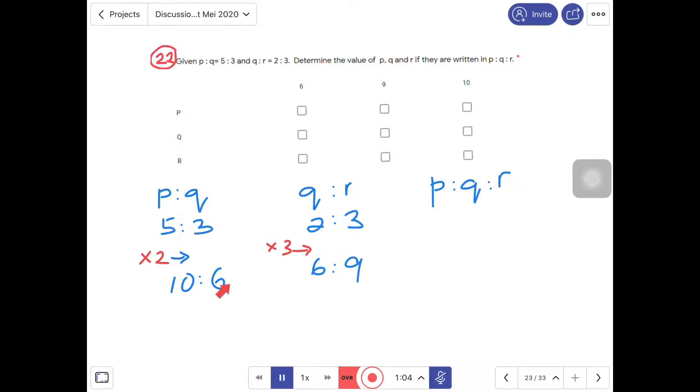So when this Q and Q are the same, then only you can combine these two ratios and write in the ratio of 3 quantities. So P to Q to R is 10 to 6 to 9.